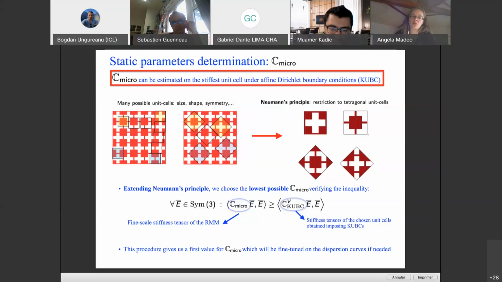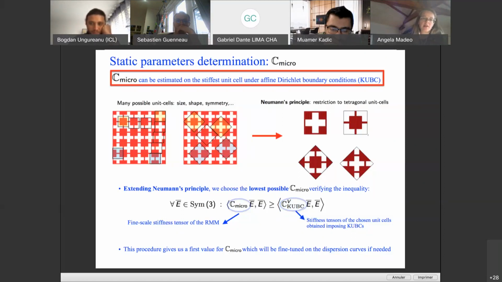We compute by numerical homogenization the stiffnesses of these cells, and then we say our C micro must be greater or equal to this in this scalar product, where E is a symmetric tensor. Okay, so it's deformation.